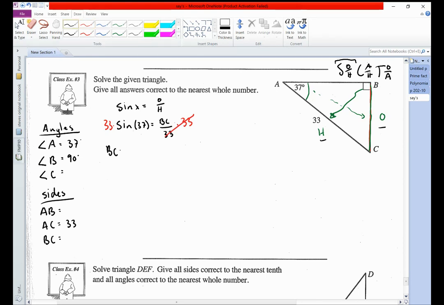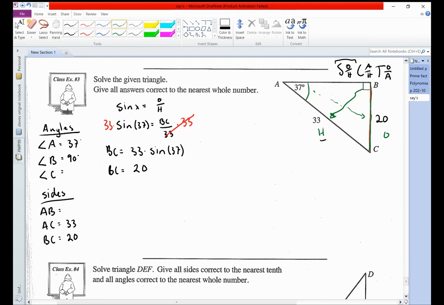And I have BC is equal to 33 sine 37. And that would give me BC is equal to 20. So now I know BC is 20. And I can label that over here if I'd like to. 20. And it is still our opposite so far.